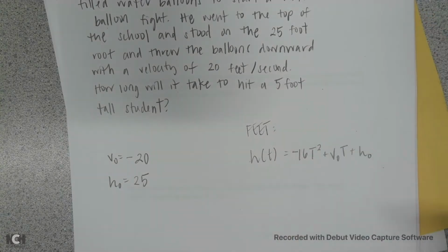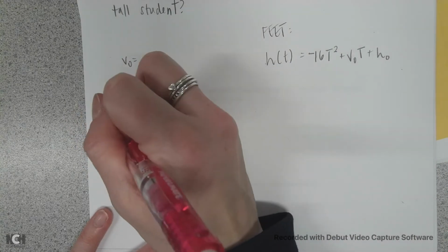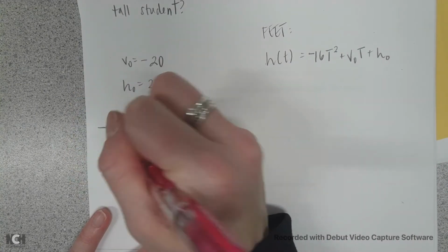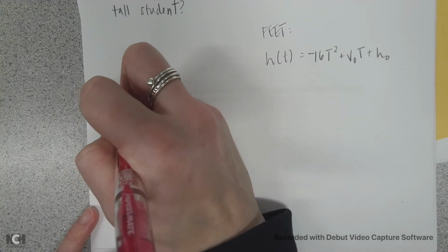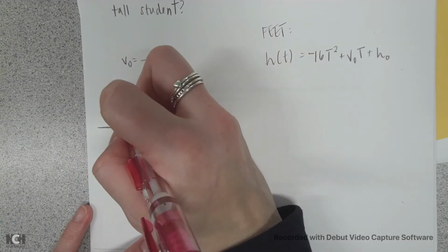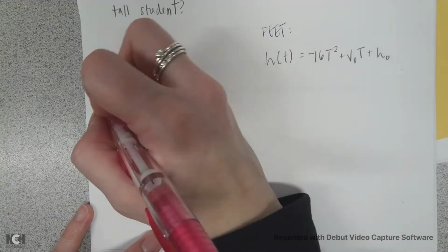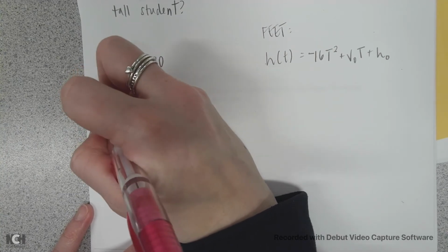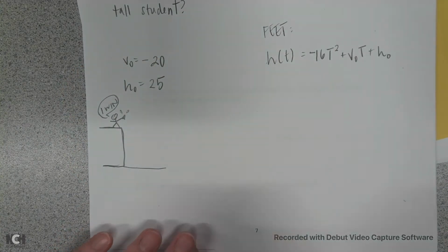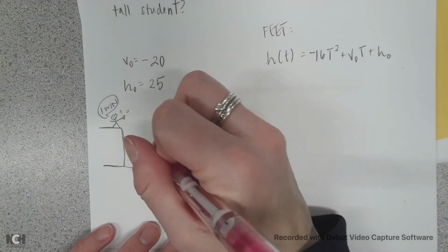Okay, so this time we are not going to be touching the ground. So here, let's draw a tiny little picture first. Here's the school. Here's Mr. Anderson. He's got a water balloon in his hand. And there's this cute little kid walking out of the school.